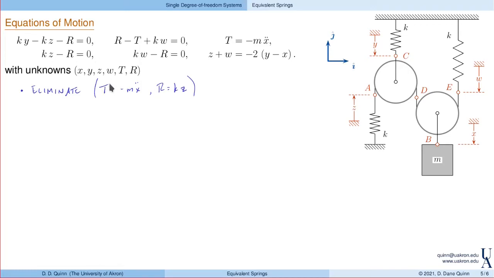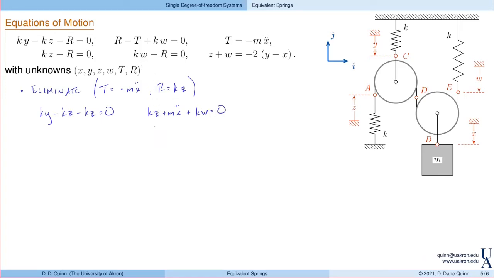So let's eliminate t and r from the remaining 4 equations. This first equation becomes k times y minus k times z minus k times z equals 0. This equation I already eliminated. And then the second equation here becomes k times z minus mx double dot plus k times w equals 0.